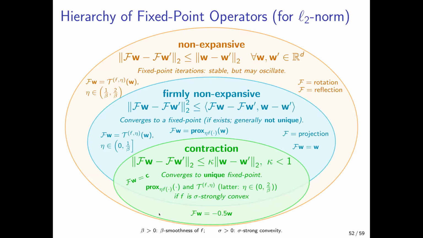To summarize, we have this slide which covers very large parts of what we have seen in this lecture. Once again, we have this Venn diagram illustration of firmly non-expansive operators and contractions with their definitions, with a short description of their convergence behavior, and now especially also with examples.